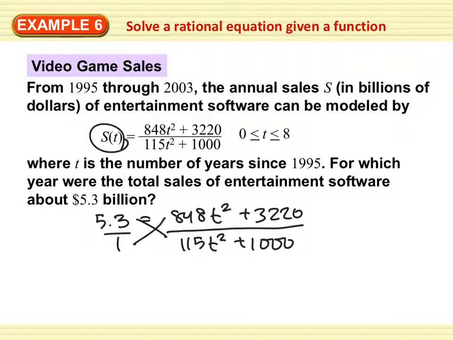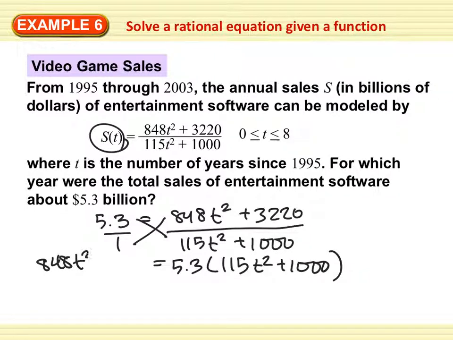We can cross multiply. 5.3 times all of that equals 1 times all of that. Okay, go ahead and distribute the 5.3. I get 609.5.